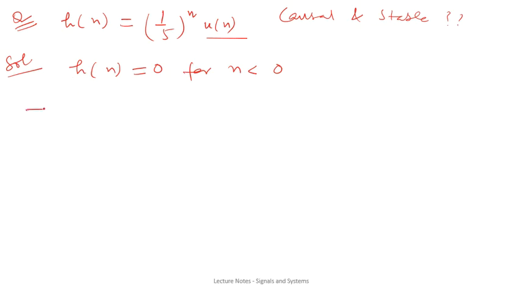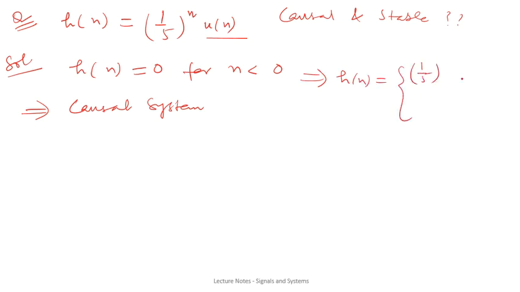So you can write down that this system is a causal system. If you want to write its mathematical function, this will be 1 upon 5 raised to the power n for values n greater than or equal to 0, and it is 0 for n less than 0.